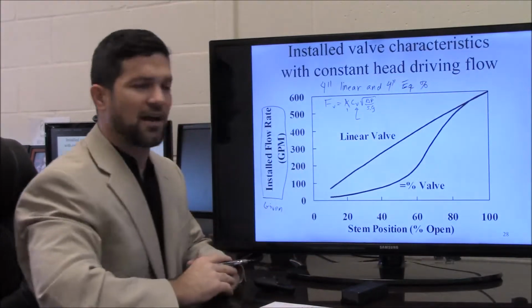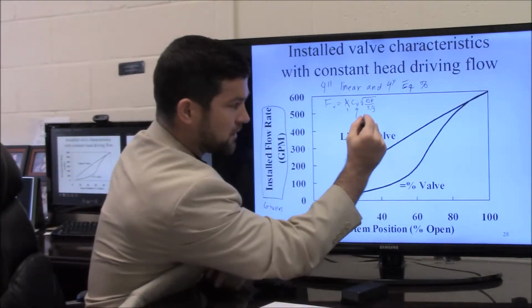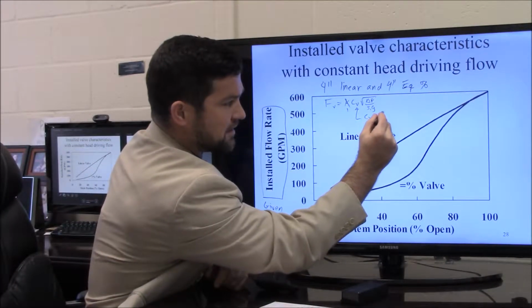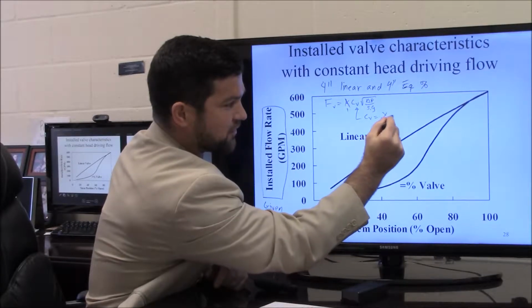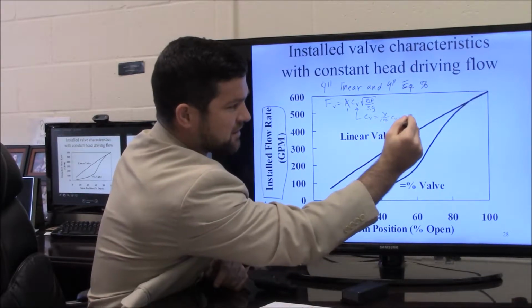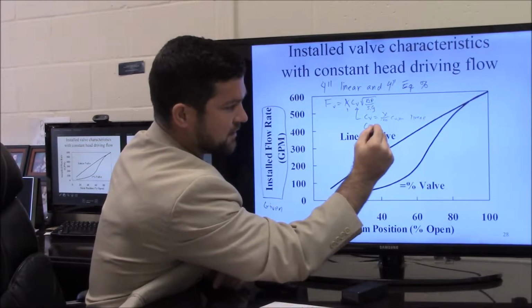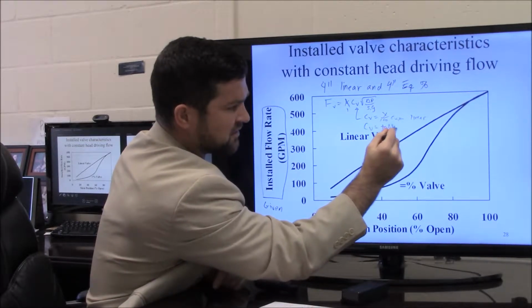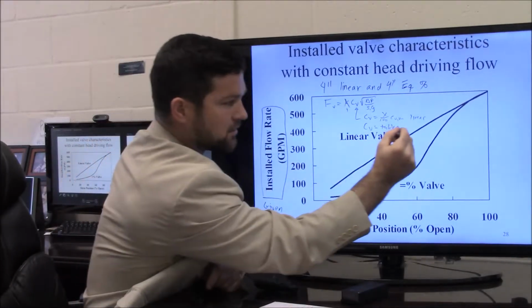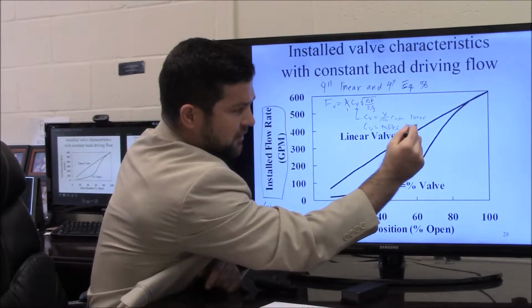And then for the valve, Cv equals X over 100 times Cv max for linear, or Cv equals values from the table for equal percentage.